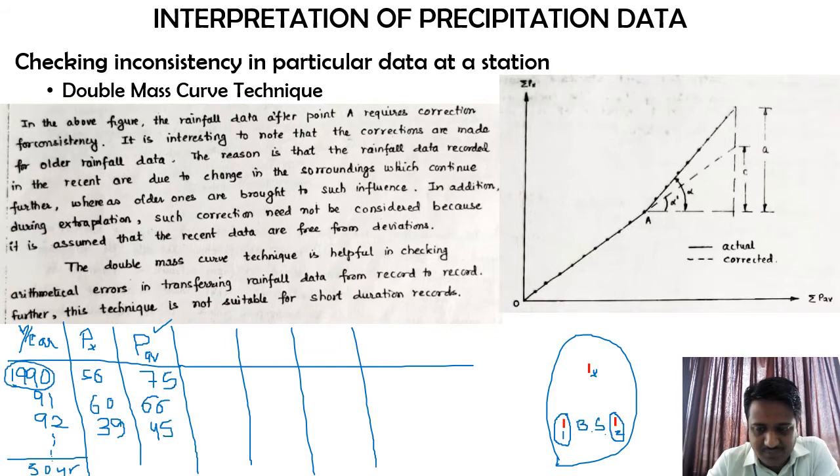So 3 decades from 1990 will be 2020. If I write 2020 over here, my first reading in this particular graph is going to be for that year 2020. So I need to start from 2020 and then go to the previous year.